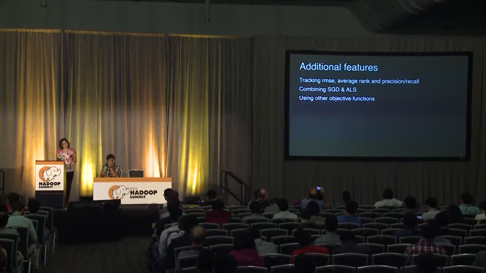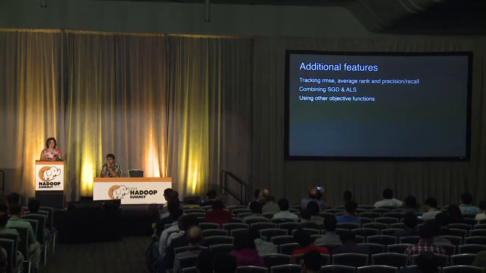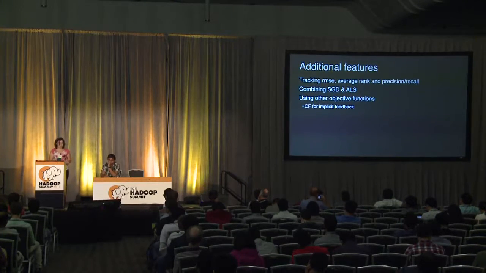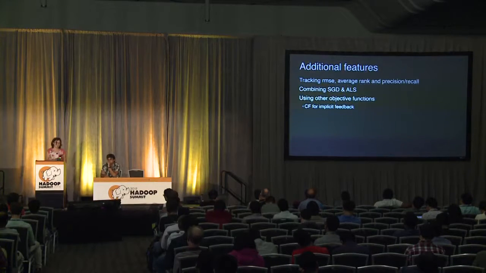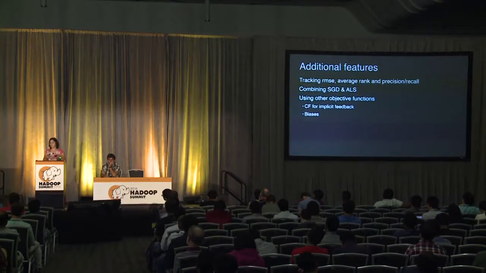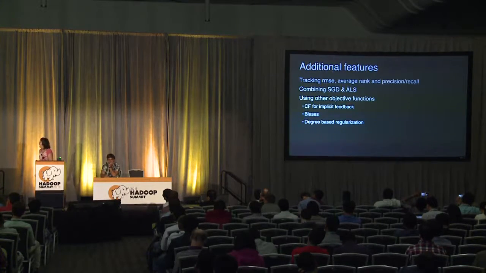There are also other objective functions which we implemented, as well as some additions to the basic objective function. We have specific formulas for implicit feedback, which is well known in the literature. We have a way to add biases for accounting for users who tend to rate everything high or tend to rate everything low. We use degree-based regularization because of our large degree items.